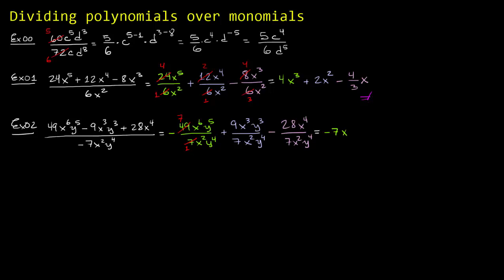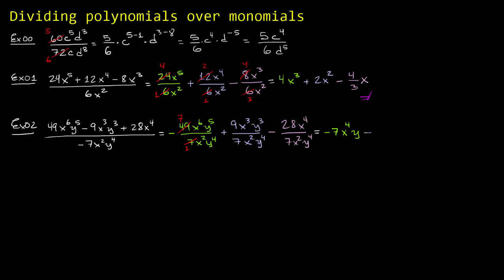It will be x to the 6 minus 2. That will make, of course, a 4th. Then will come the next term. It's going to be with the y. The y raised to the 5th minus 4. That will make, of course, a 1st power. We just don't write the 1, so it's only the y here. And then we go to the next.